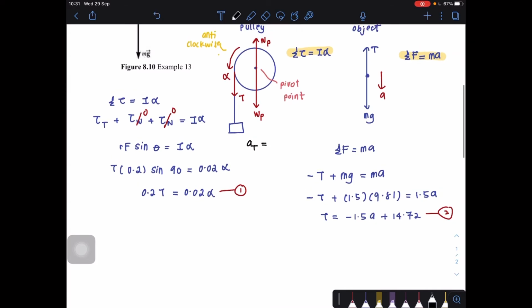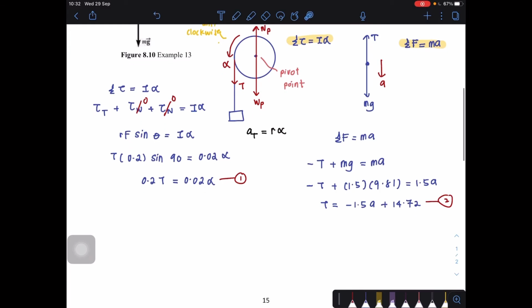Before this, I have mentioned, acceleration is equal to R alpha. Ni formula ni ada dalam kamu punya nota. So instead of kita letak dia sebagai alpha, sebab kalau kita letak sebagai alpha, kita tidak akan dapat selesaikan, kita letak dia in terms of acceleration.